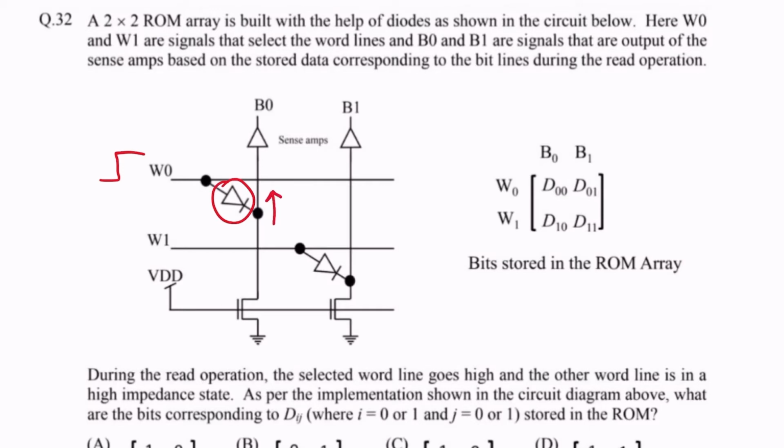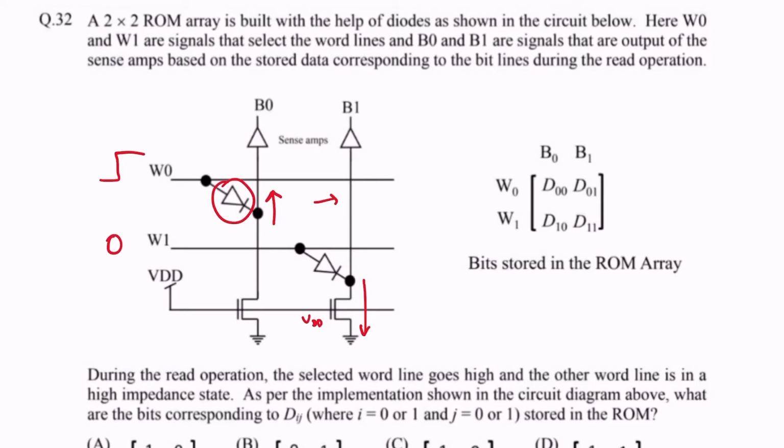But if there is no diode, for instance over here, then the only thing on this bit line, and the remaining word lines will be 0, so you don't have to worry about this diode because it's off. Since the gate of this NMOS is at VDD, it's turned on, and it will pull down this bit line to 0 because there's nothing else driving that bit line.